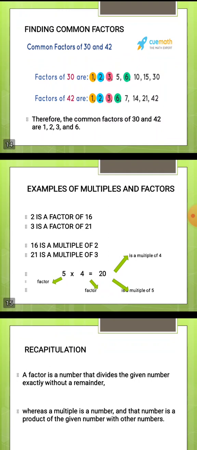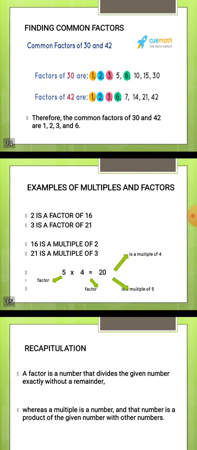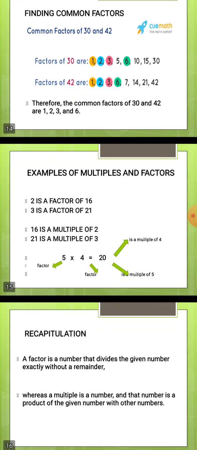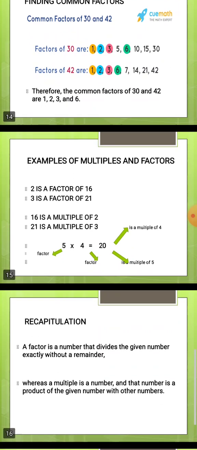For example, factors of 30 are 1, 2, 3, 5, 6, 10, 15 and 30. Now what do you understand by this? We can say that 30 is divisible by 1, 30 is divisible by 2, 30 is divisible by 3, 30 is divisible by 5, 30 is divisible by 6, 30 is divisible by 10, and 30 is divisible by 15, and 30 is divisible by 30.